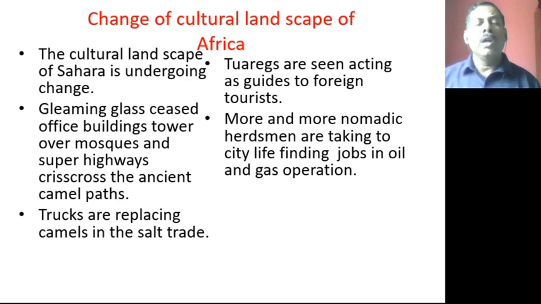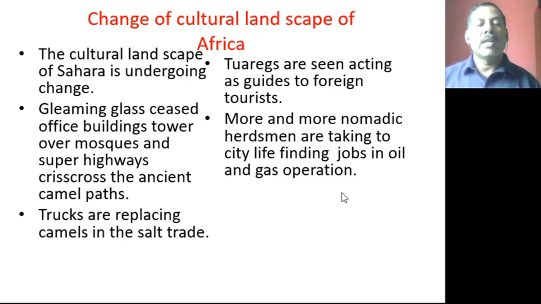And the Tuareg, one of the important tribes of Africa, are seen acting as guides to foreign tourists. Now they started a different type of work. They started working as guides to foreign tourists. Foreigners used to visit the Sahara Desert, and at that time the Tuareg become guides to them, and more nomadic herdsmen are moving to the city, finding jobs in oil and gas operations.